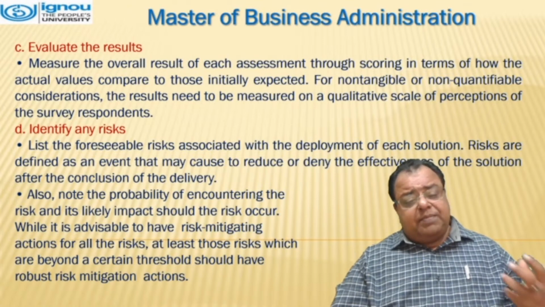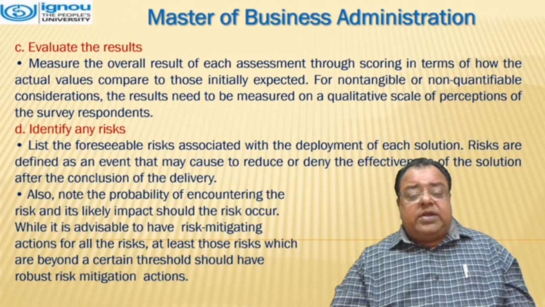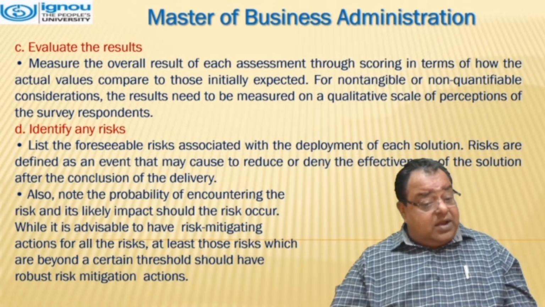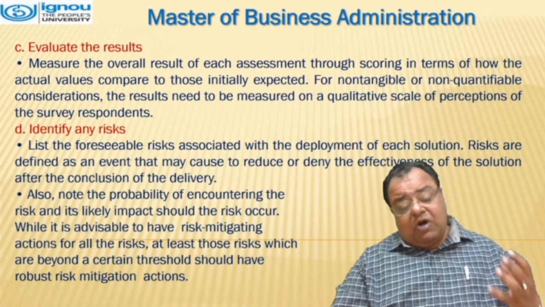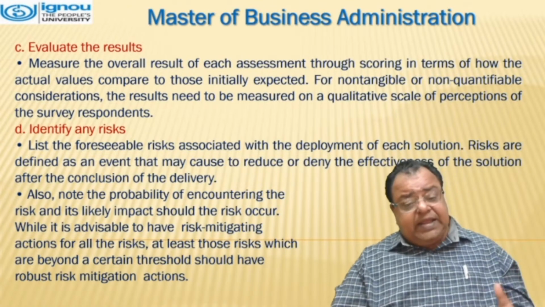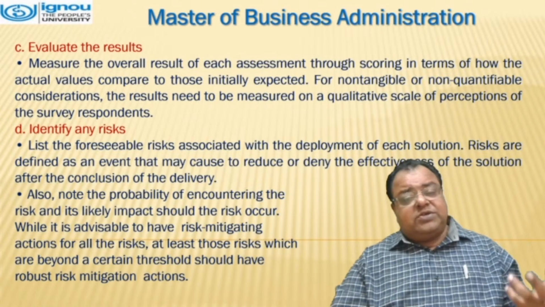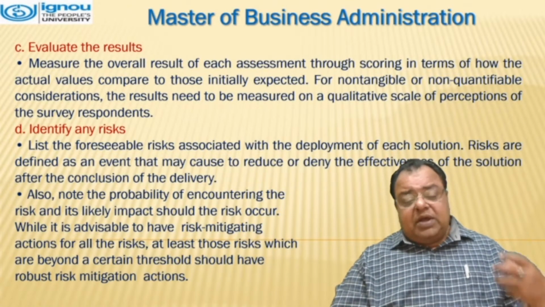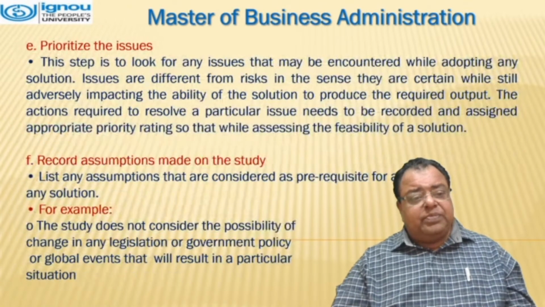Also note the probability of encountering the risk and its likely impact should the risk occur. While it is advisable to have risk mitigating actions for all those risks, at least those risks which are beyond a certain threshold should have robust risk mitigation actions.